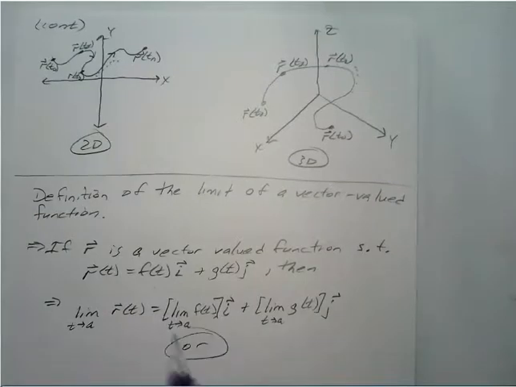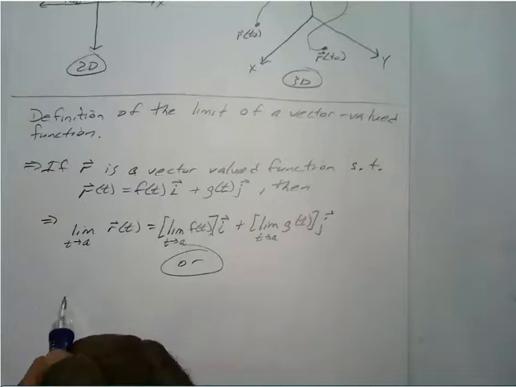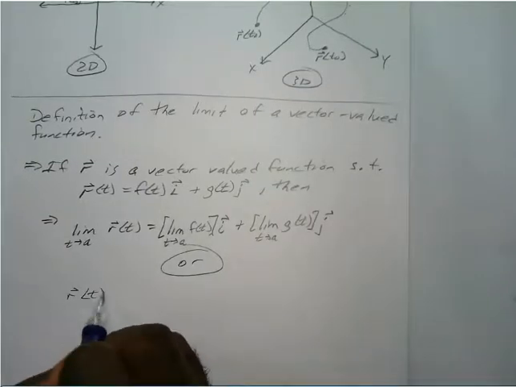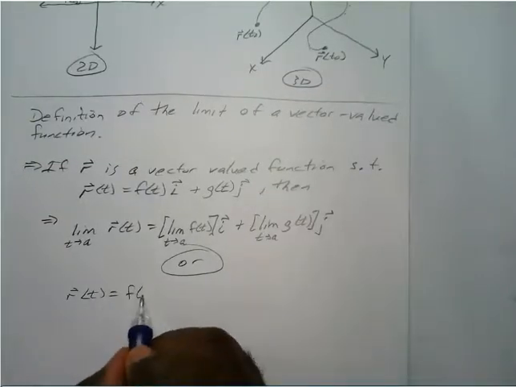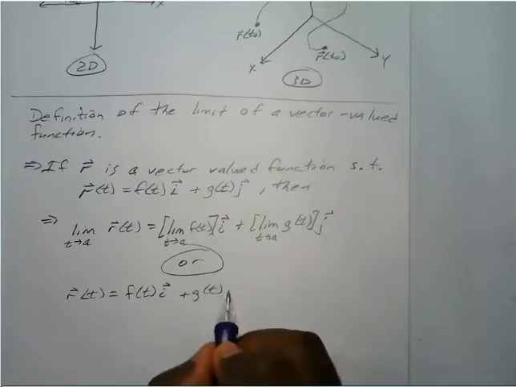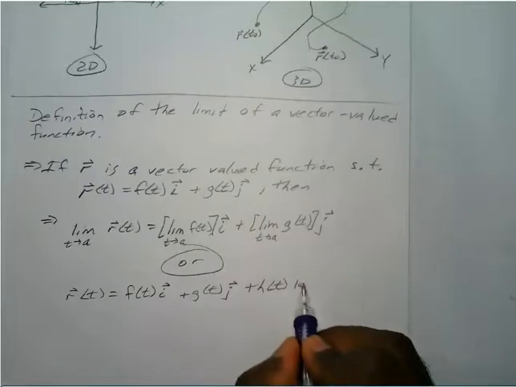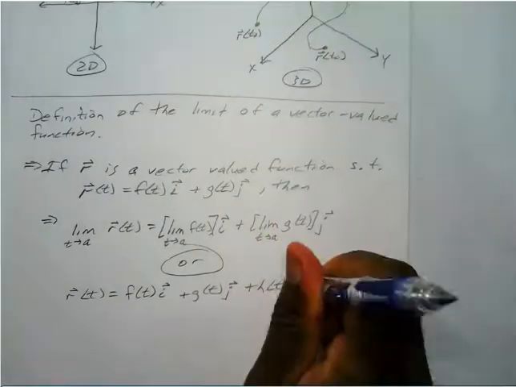Or, of course, in 3 dimensions, you just have one extra term. So r of t equals f of t times the i vector, plus g of t times the j vector, plus h of t times the k vector.